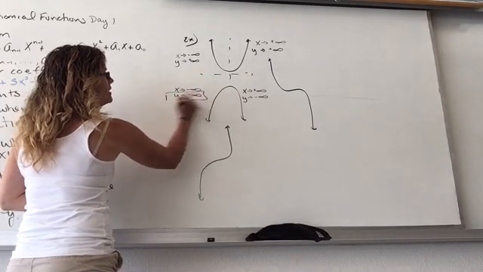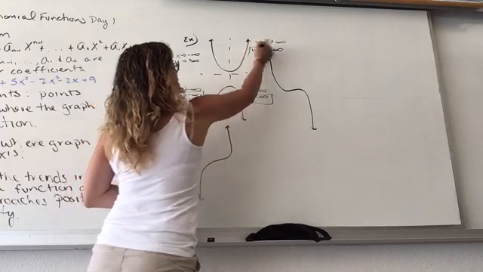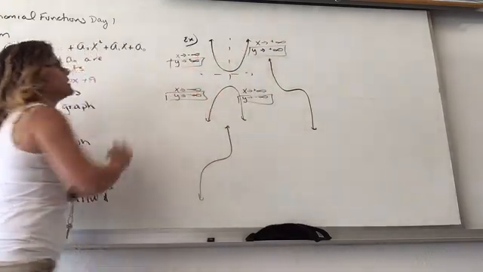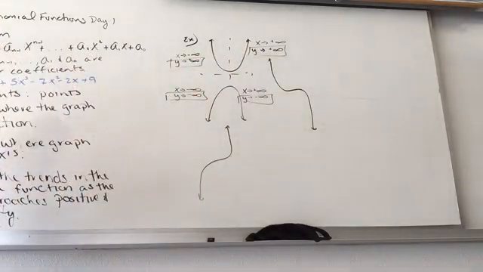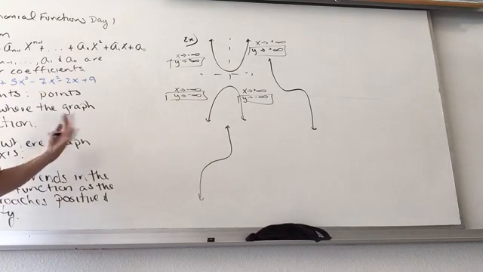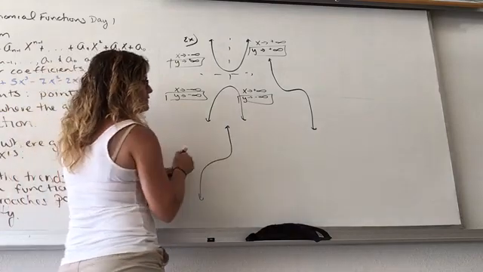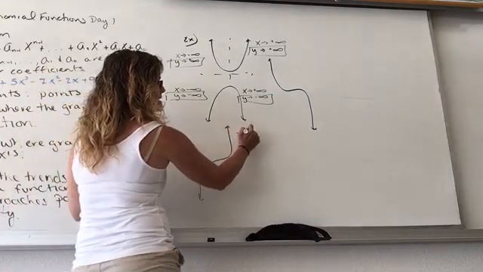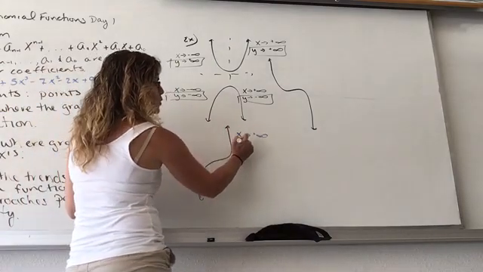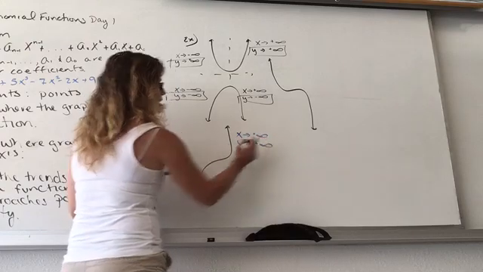So this, and this, and this, and this, those are called end behaviors. What is the end of the graph doing? So here, as x goes to positive infinity, y is going to positive infinity.